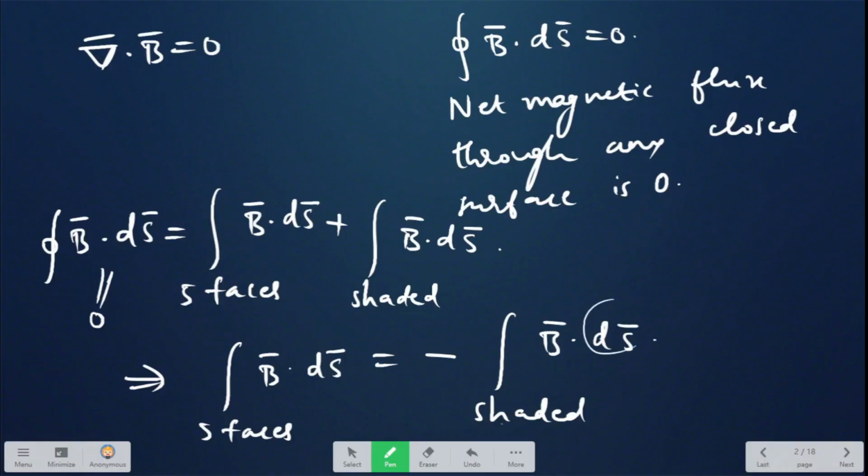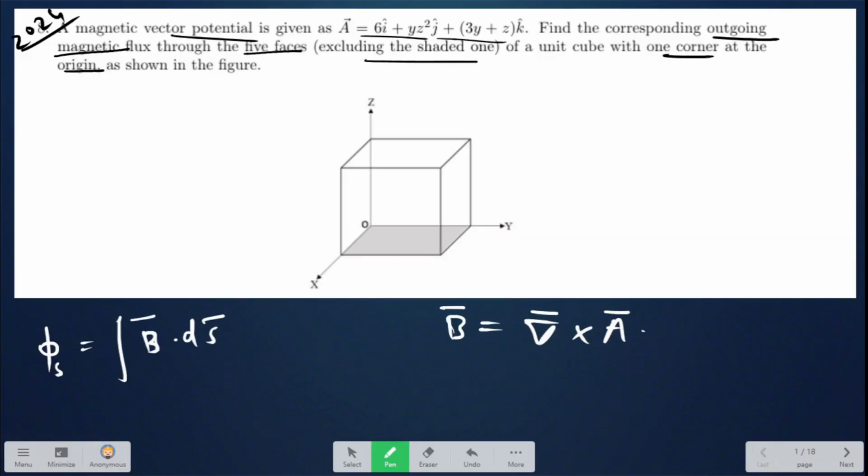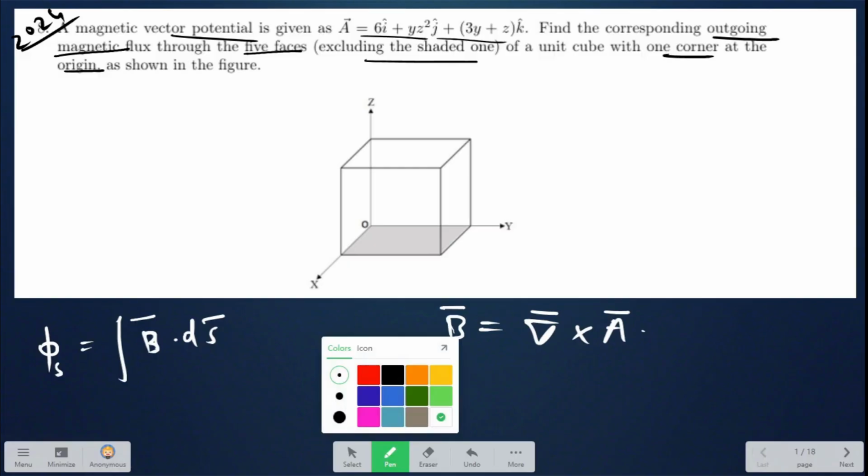Now let us find what the area element is in the case of the shaded phase. In the case of the shaded phase, area element is dx dy because it is in the xy plane, and the area element direction will be perpendicular to the phase and outward, which means minus k cap. So ds is equal to dx dy times minus k cap.